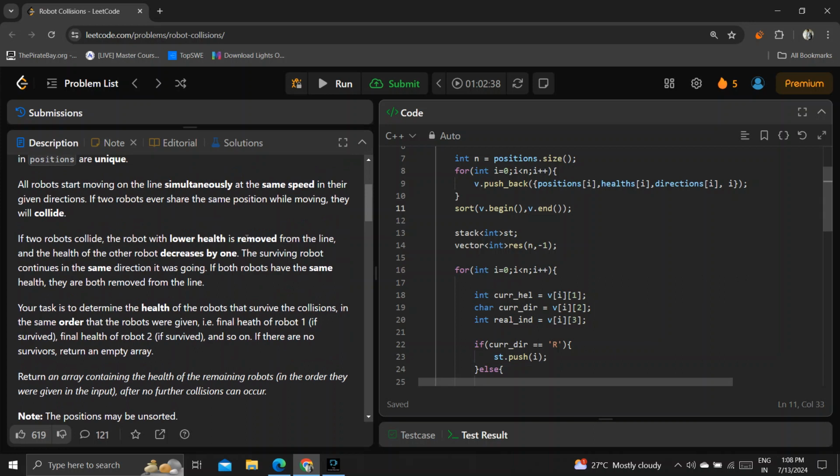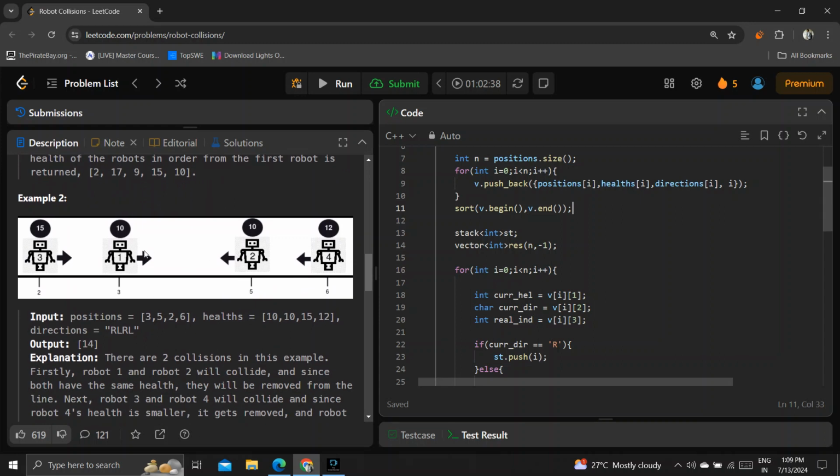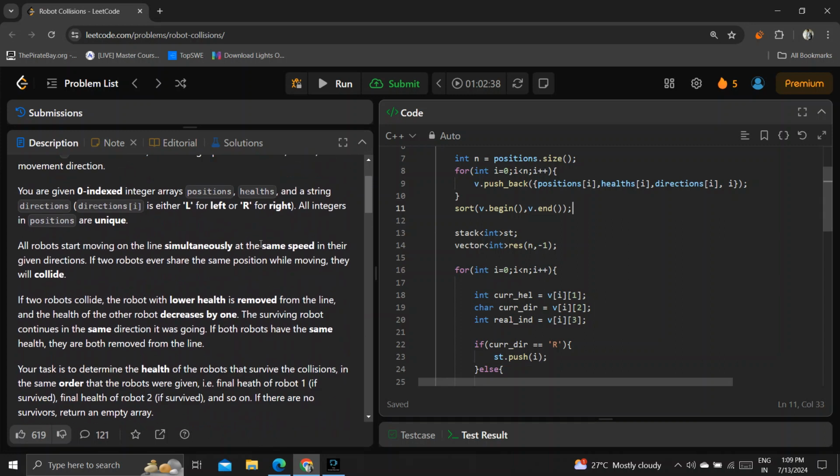The lower health robot will be removed from the line, and the one with the greater health will survive, but its health will be decreased by one. So suppose they collide, this one's value is 10, this one's value is 13, then this robot will move out of the line and the other becomes 13 minus 1, that is 12. Hope you have got that.